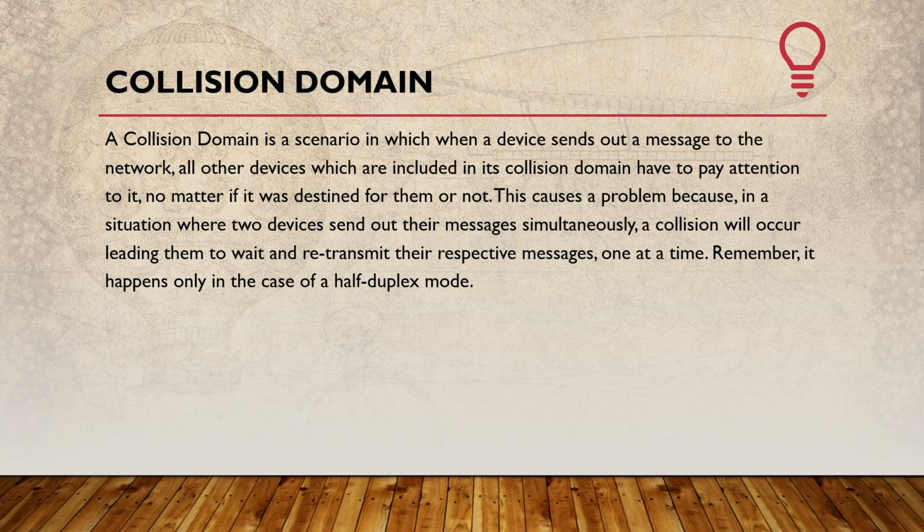This collision mostly occurs in half duplex mode, where the hub and all are there. It can happen even in switches, but a switch is an intelligent device and can address the collisions. The switch has more collision domains, so where the collision occurs it can be managed, and data receiving and transmitting happen without any wait time. We will discuss more in upcoming examples.